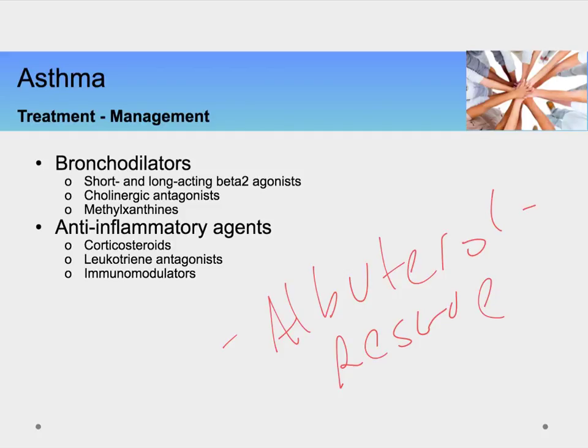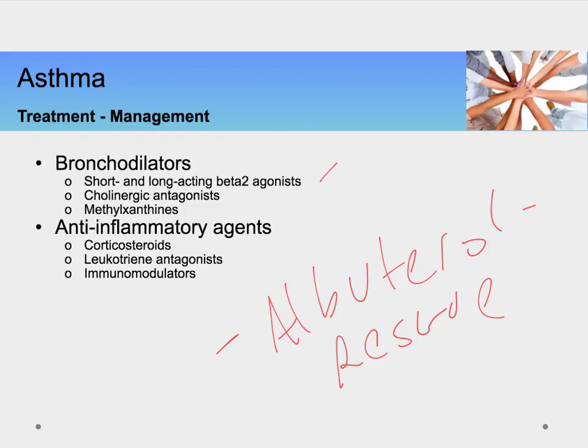It's that real high-pitched noise where you can tell that their airway is very constricted. We're going to give them rescue albuterol. It is a fast-acting bronchodilator. And then you have the long-acting bronchodilators. Like we said, Serevent is one of them. That's your maintenance medication.